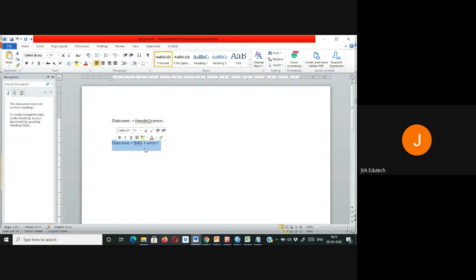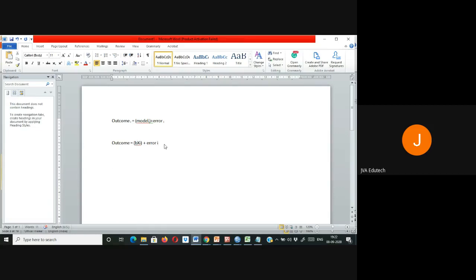This is the standardized version. But we can also work on an unstandardized version of this b, or the coefficient. For that, we need to add something more to the model.